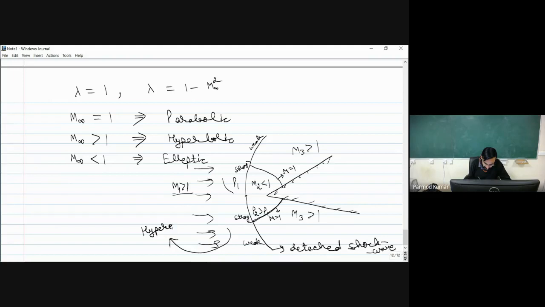Okay. And when we look at the downstream of the shock wave, particularly the region where Mach number is less than 1, there the nature of the equation will be elliptic, and once again this nature will be transferring from elliptic to hyperbolic. Okay.